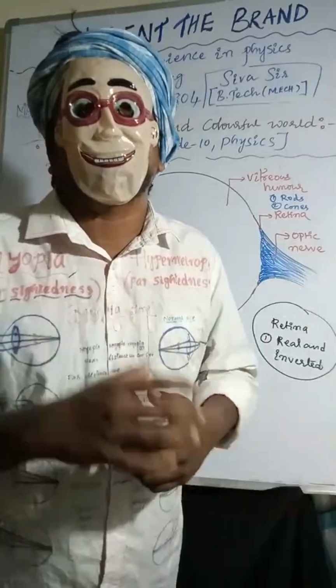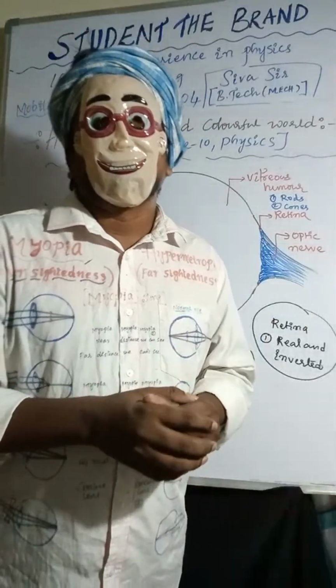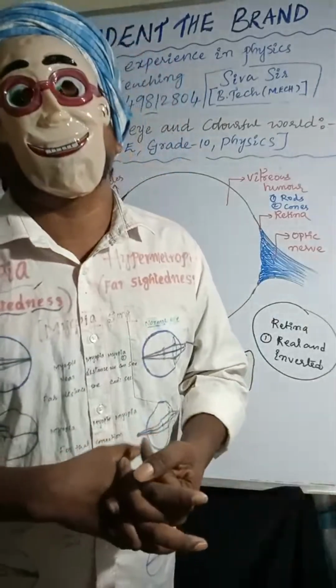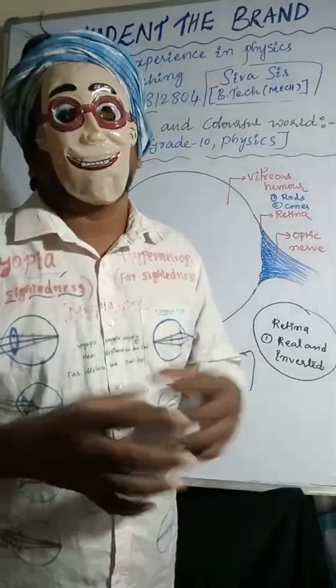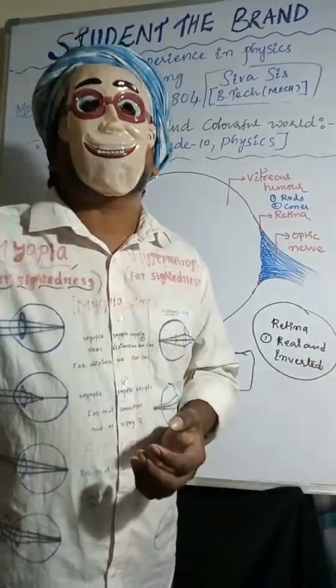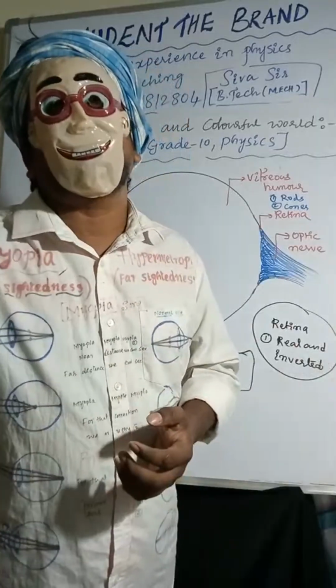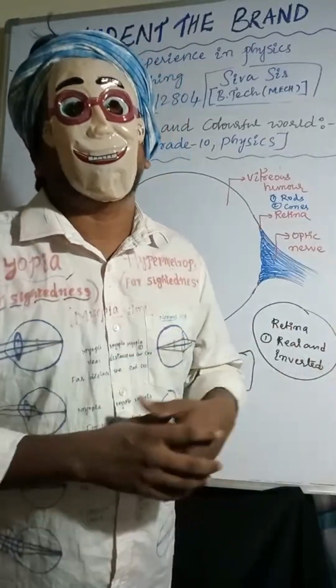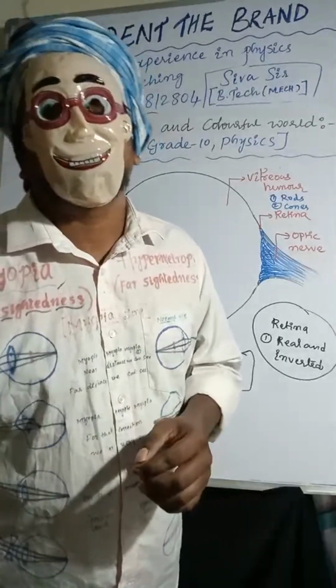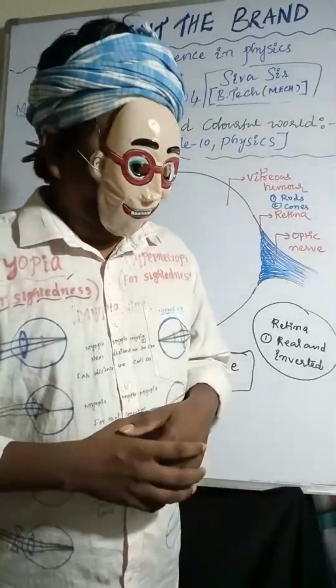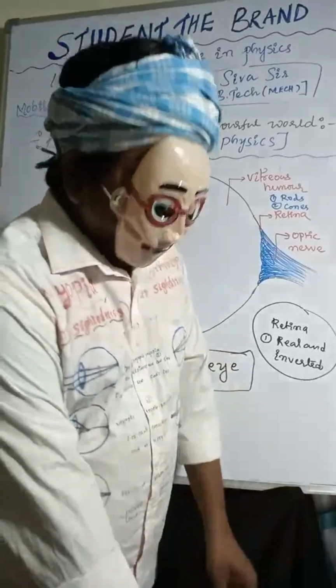That is 25 centimeter. Far point is infinity. The range of vision is 25 centimeter up to infinity. So this is about near point, far point and the range of vision.